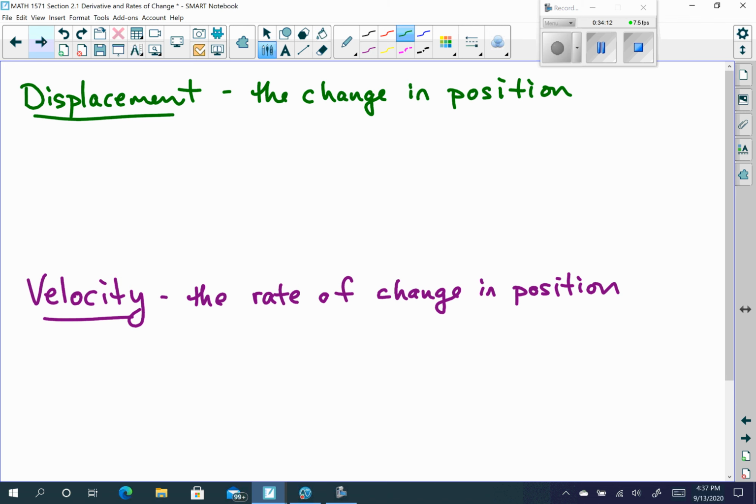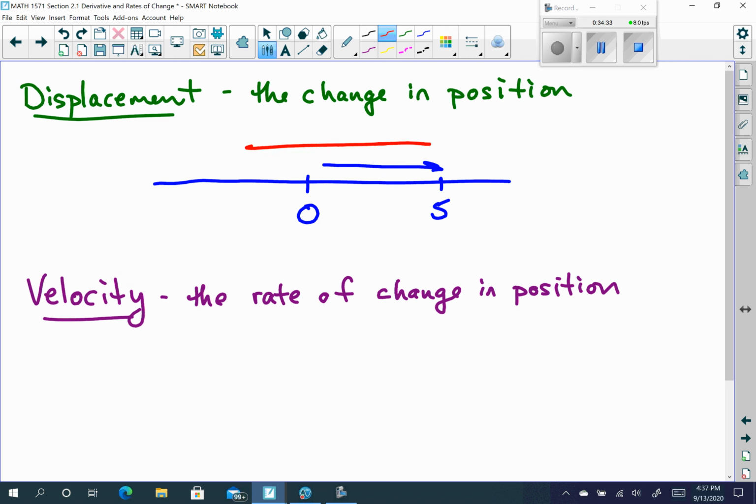All right, something else we do with particles is displacement. Now, displacement is just change in position. So, for instance, a number line is the easiest way to look at this. Let's say on the first part of our trip, we move maybe 5 units to the right. Then on the second part of our trip, we move maybe 8 units back. So let's say we go 8 left, which puts us at a -3, and we stop right here.